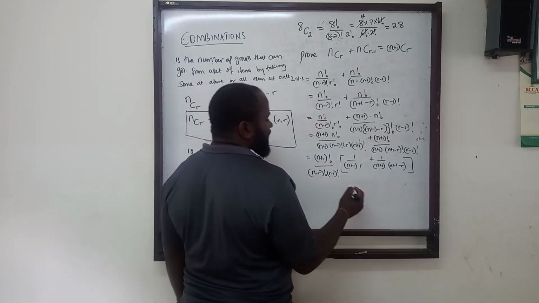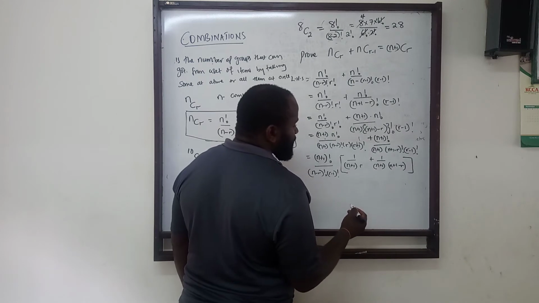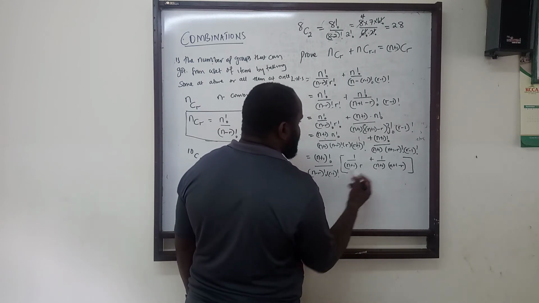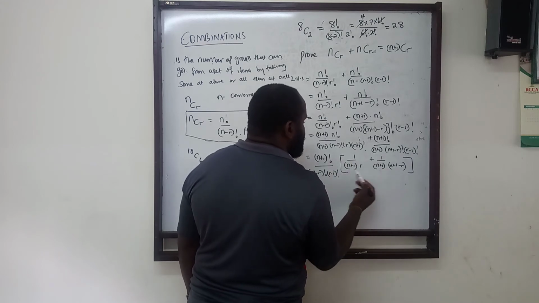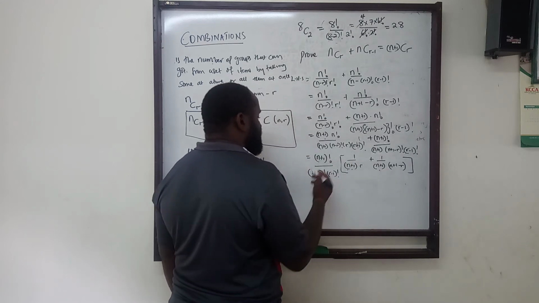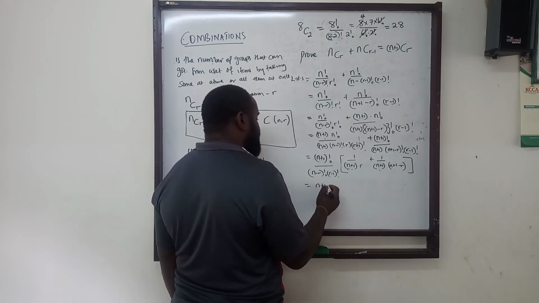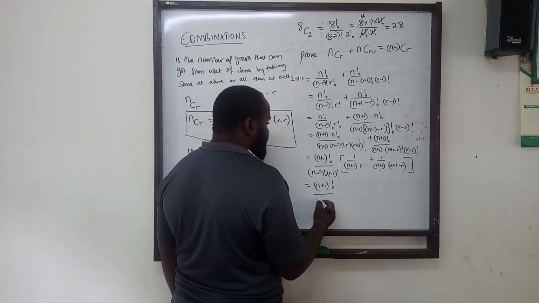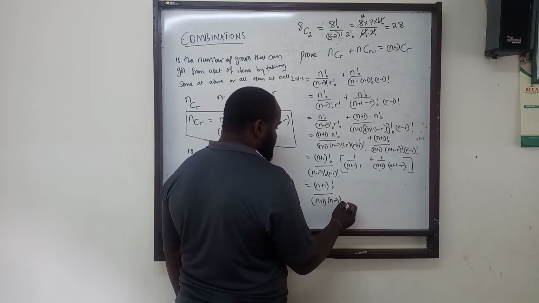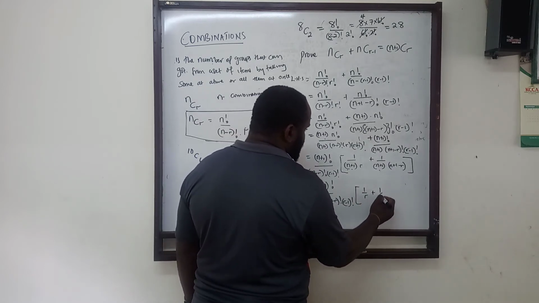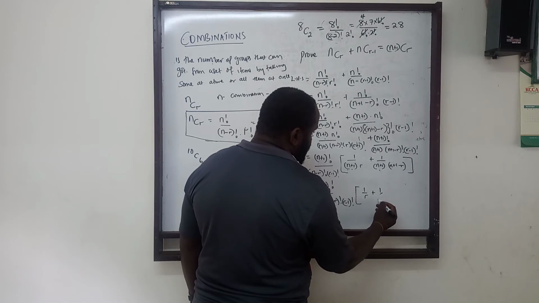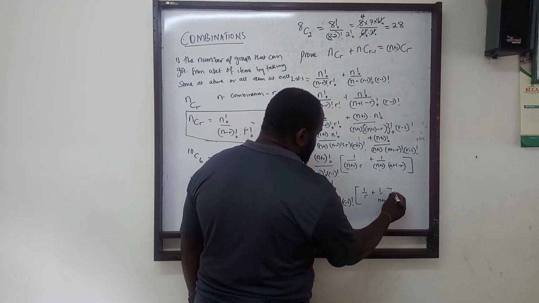So we are left with simplifying this, so the denominator becomes, now I've taken out this, these ones are the same, no? So let's take them out. So we shall have (n+1)! over (n+1)(n-r)!(r-1)! into 1 over r plus 1 over n plus 1 minus r.